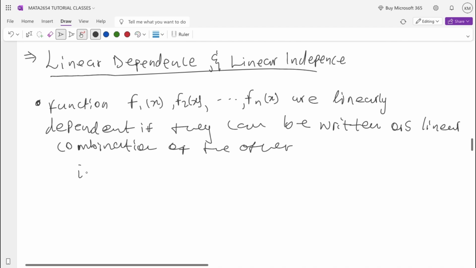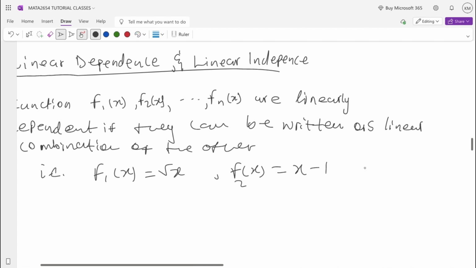So that is to say, let's suppose you have your f1 of x equals root x. Then you have your f2 of x equals, I don't know, x minus 1. Then maybe f3 of x equals 5x minus root x, like that.